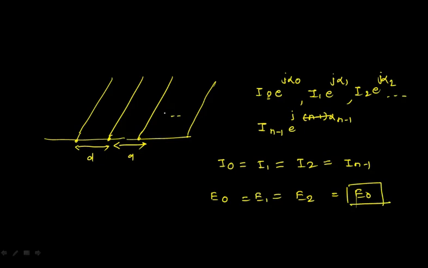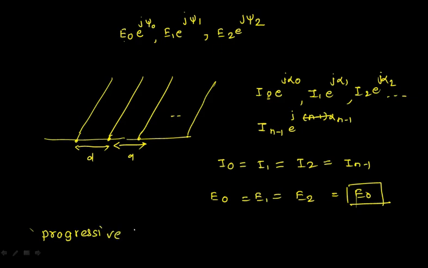Now you have a progressive phase shift, so your resultant field will also have a progressive phase shift. What will be the resultant or received field? The received field because of this will be E0 e raised to j psi 0, E1 e raised to j psi 1, E2 e raised to j psi 2. When I say progressive phase shift, that means each and every element has the same phase shift.